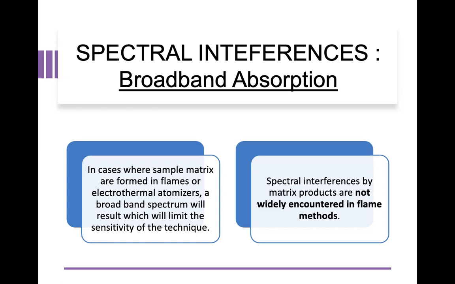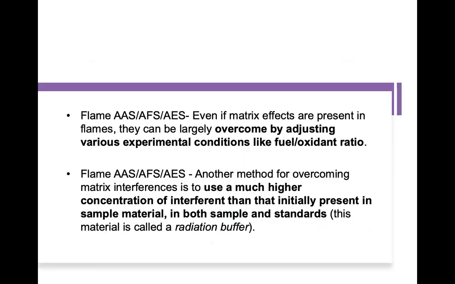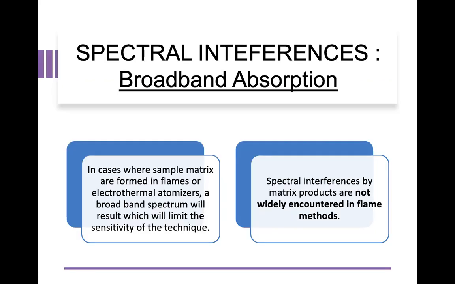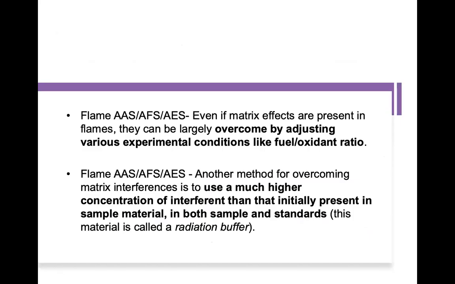The rest of the sample is atomized over a range of time, so that will result in broadband absorption. This also interferes with the calculation of the concentration, the quantitative analysis. So if we have an efficient atomizer, then this is not an issue.